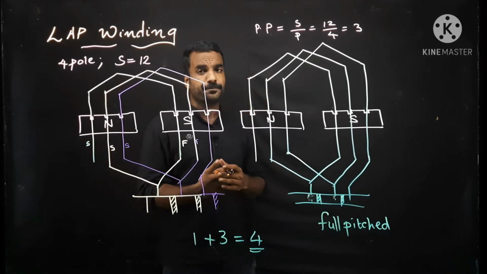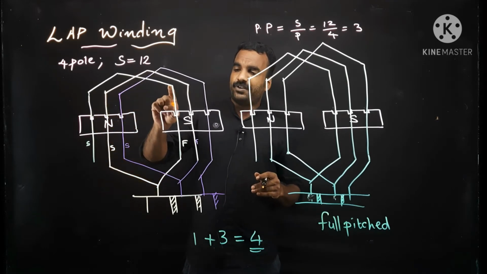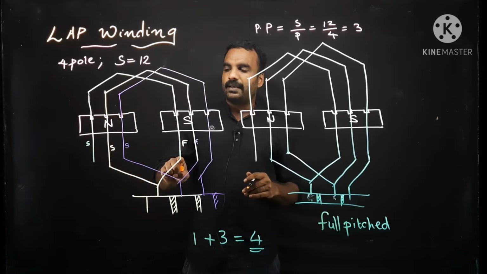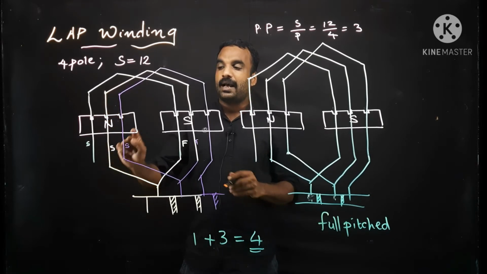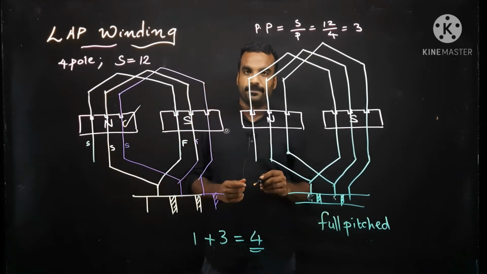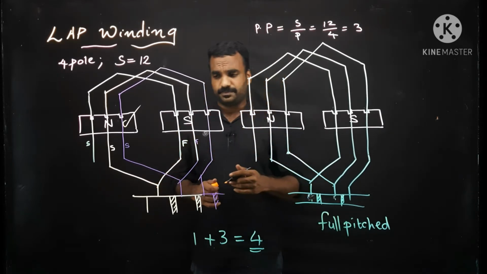I will repeat, in lap winding, finishing end of first coil is connected to beginning end of second coil under same north pole. We are not moving to the adjacent north pole.